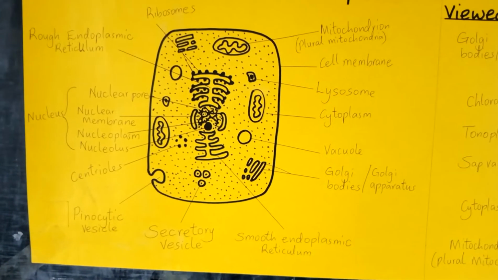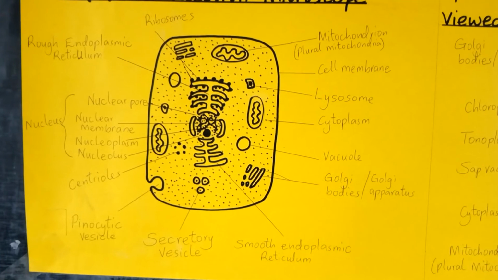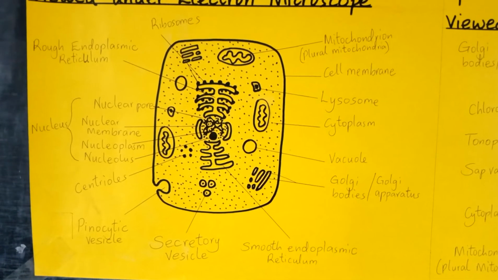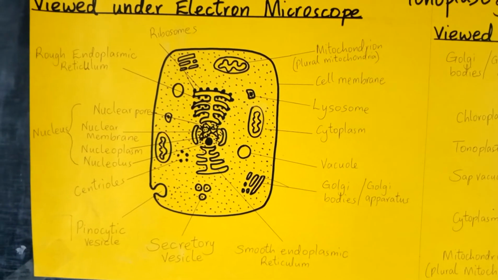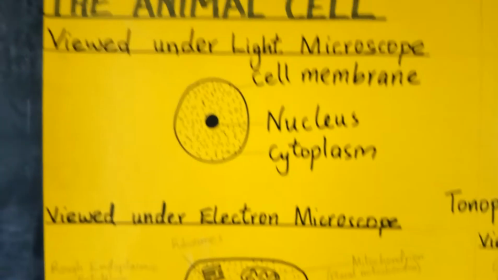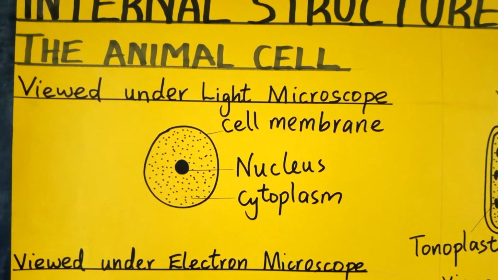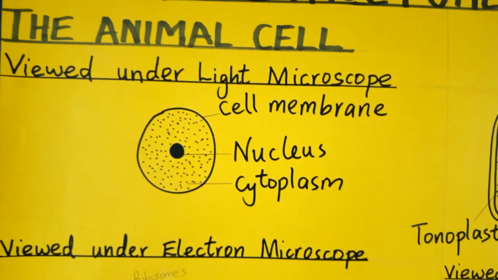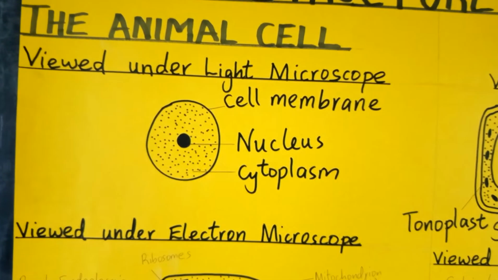The parts become more because the magnification power of the electron microscope is very high, since it can magnify up to 500,000 times the size of the specimen, while the light microscope can only magnify up to 500 times, based on the type of the lenses being used.